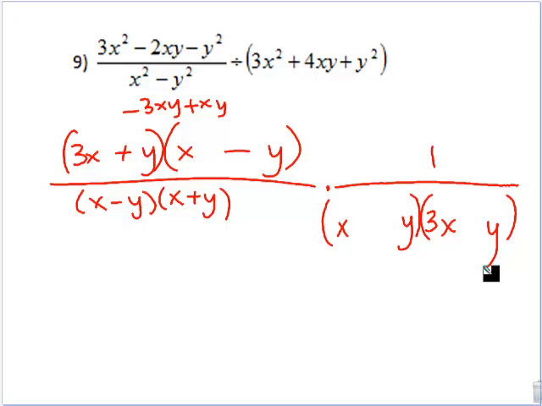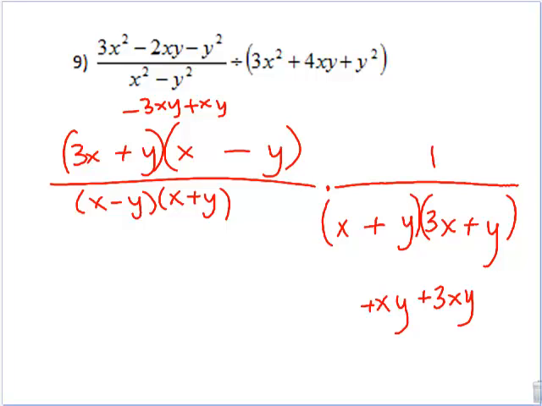Now when we look at the outside and the inside, we want it to be a 4xy. So the outside is an xy. The inside is a 3xy. What type of signs do we need there? Yeah, these both have to be positive to get a 4xy. So I'll make these both positive. Okay. So no different than factoring when we just have a number at the end. We just have to include y's.